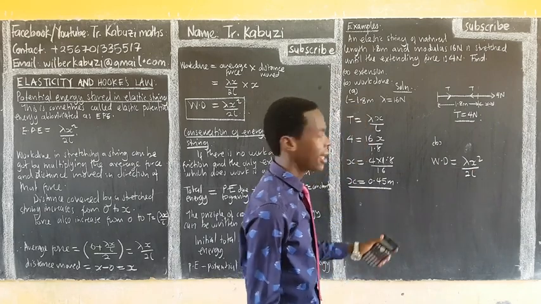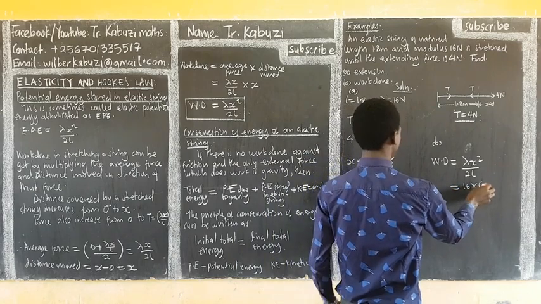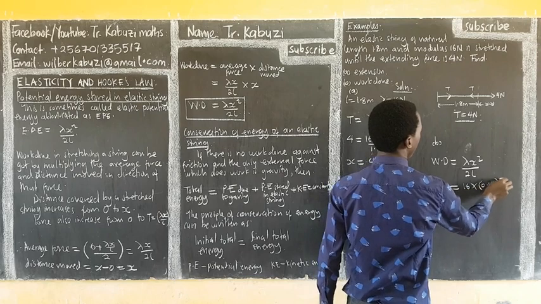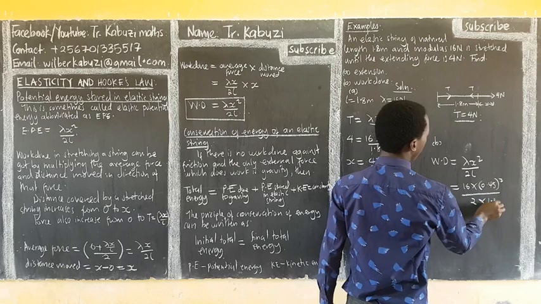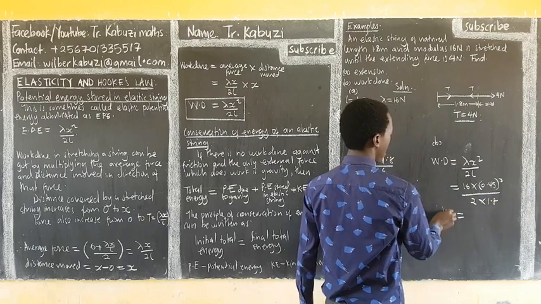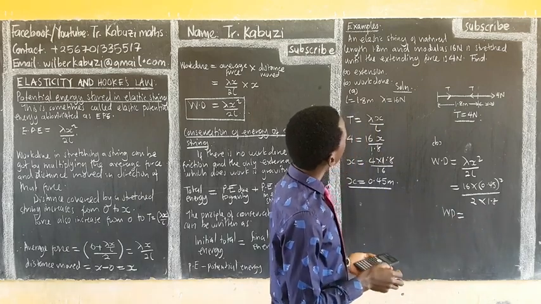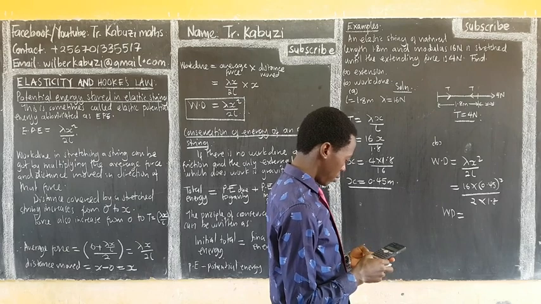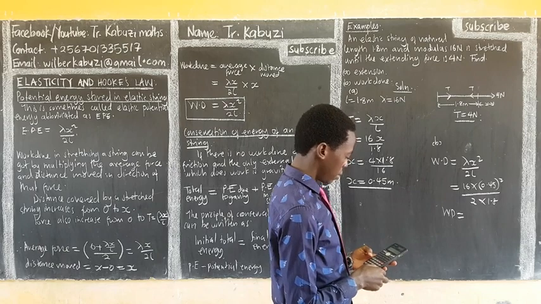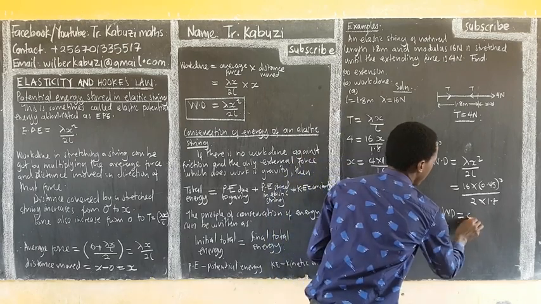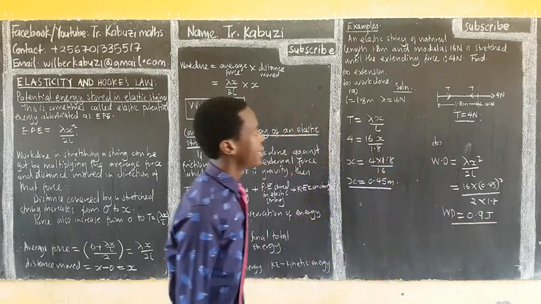So this will be 16 times 0.45 squared, over 2 times our L, which is 1.8. So the work done is 0.9 joules. So that's it. Pretty easy.